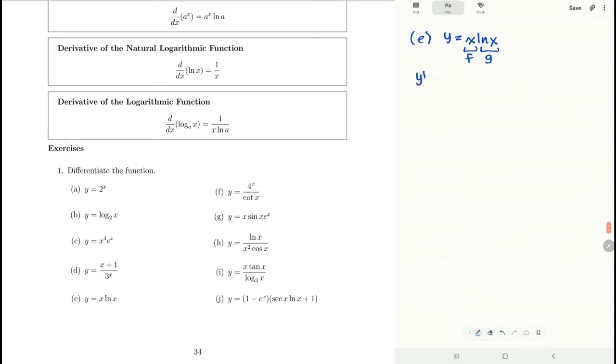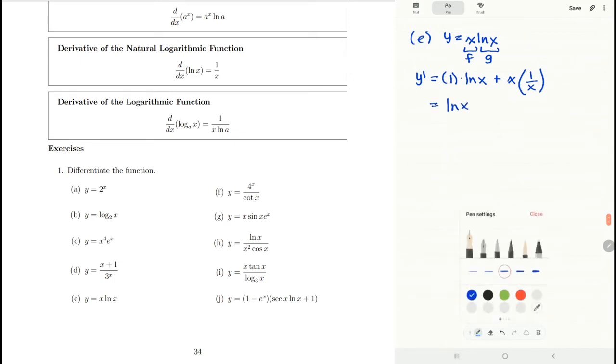And so the derivative using the product rule is 1 times the natural log of x plus x times the derivative of natural log of x, which is 1 over x. So we can simplify this to the natural log of x. In the second term, we can cancel out a factor of x. So we're left with plus 1.